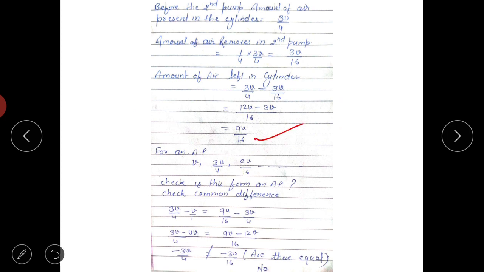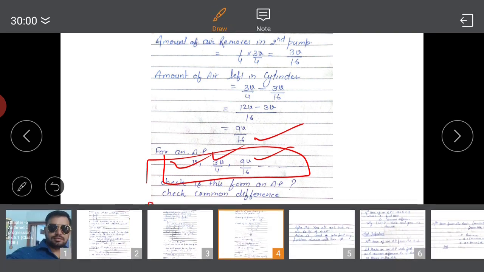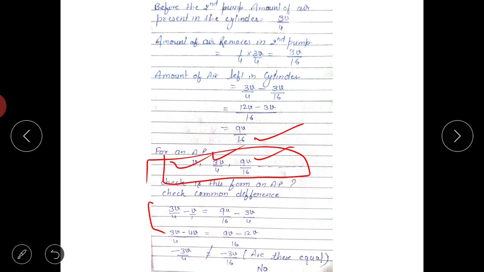For an AP, check. First is V, the amount present in the cylinder, 3V by 4 is left second, and 9V by 16 in the third. Check, does this form an AP or not? For checking this, the common difference should be the same. It means the second minus first term and the third minus second term should be equal.